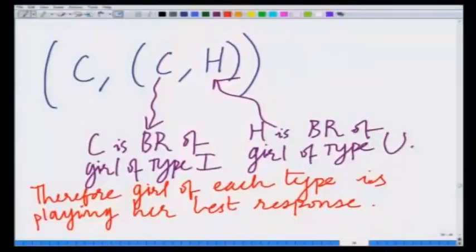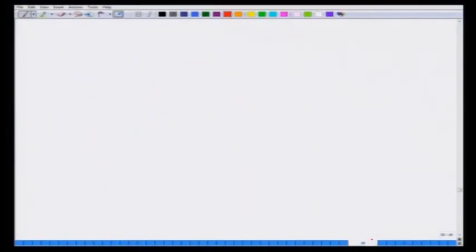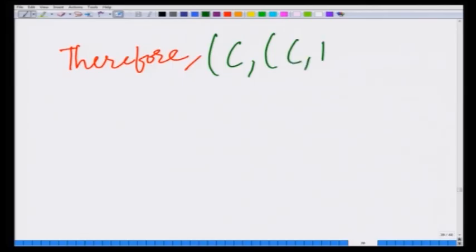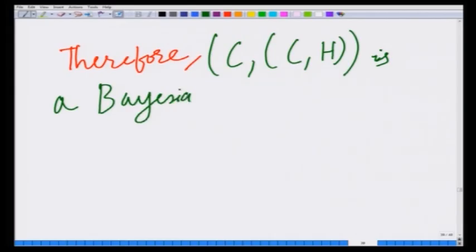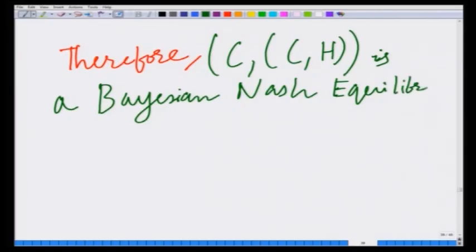Therefore, C comma H is a Bayesian Nash equilibrium. And how do we dissect this?